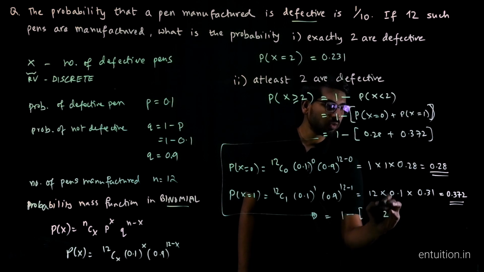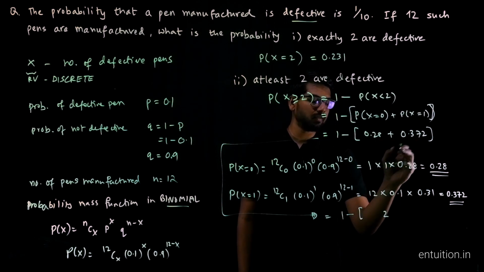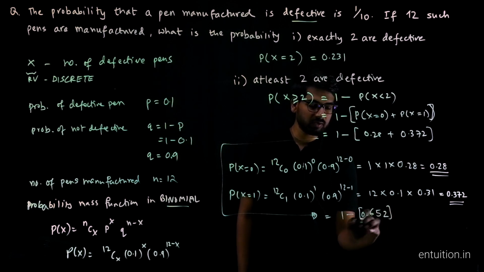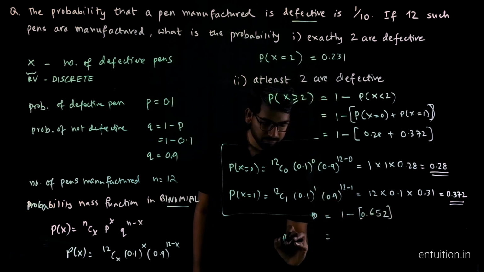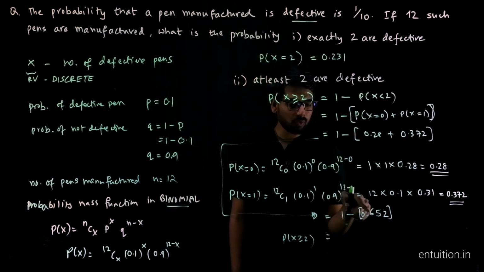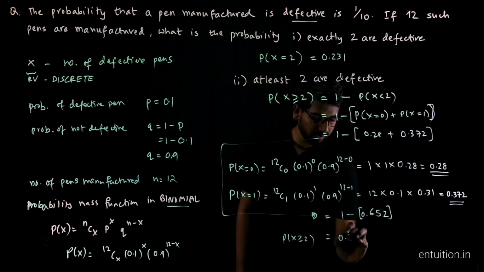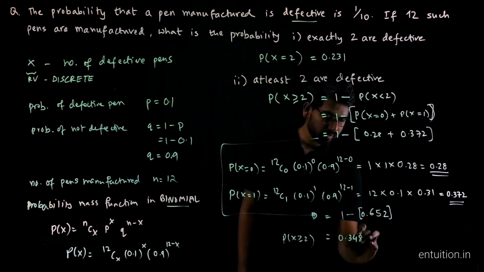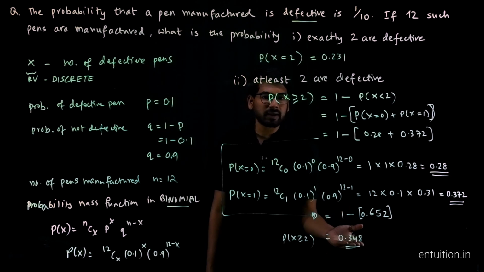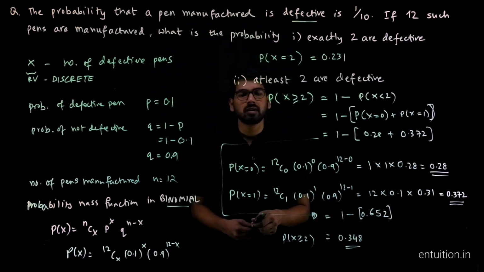It is 2 plus 7 is 9... 0.652. So the probability that x is greater than or equal to 2, or the probability that at least 2 are defective, is 1 minus 0.652, which is nothing but 0.348. Right? There is approximately a 35% chance that at least 2 are defective.